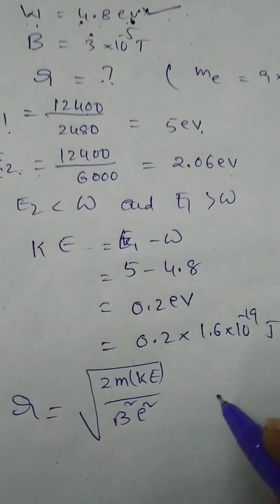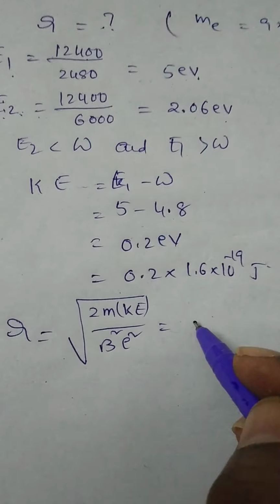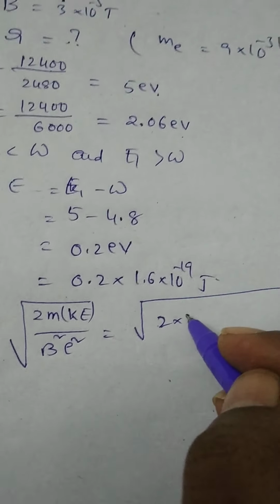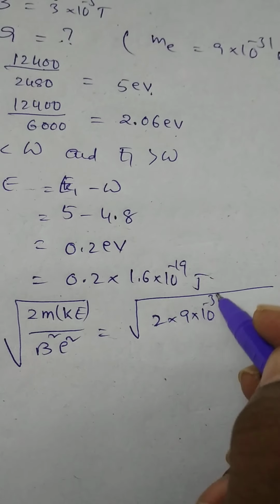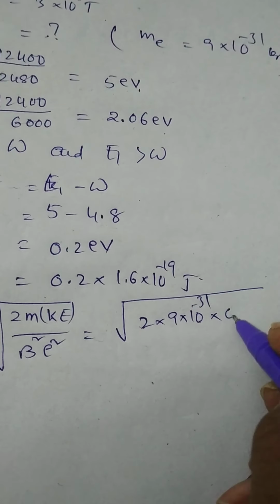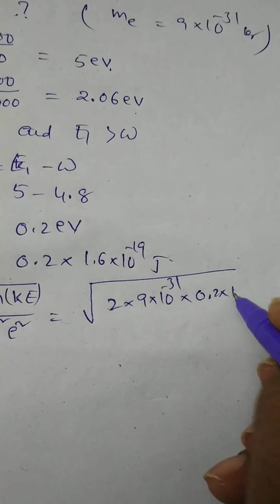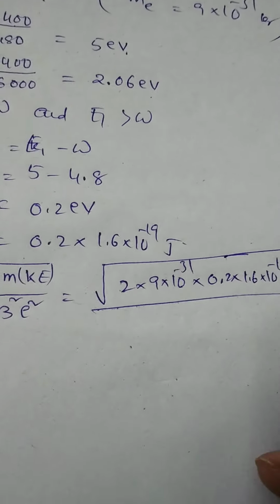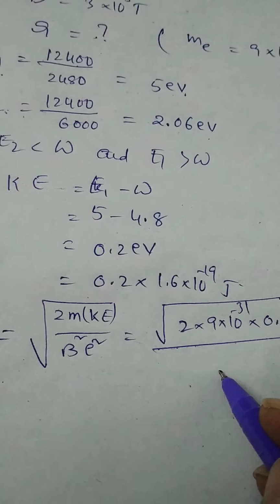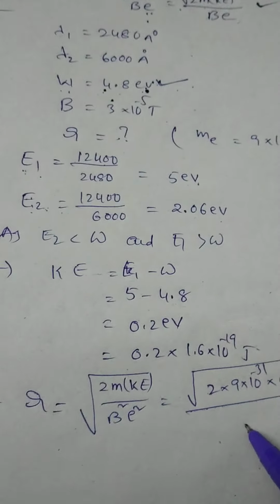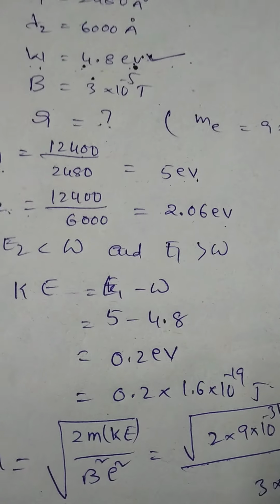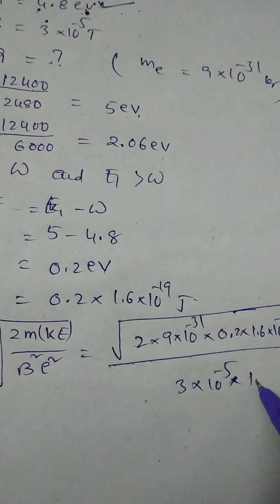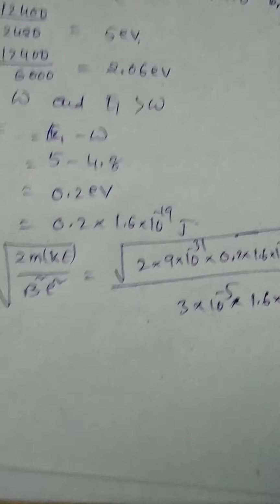Or this is equal to root of 2 into mass, 9 into 10 power minus 31, into kinetic energy, 0.2 into 1.6 into 10 power minus 19, by B, the magnetic induction field, 3 into 10 to the power minus 5, into charge on the electron, 1.6 into 10 power minus 19.